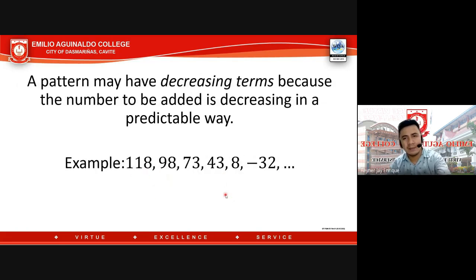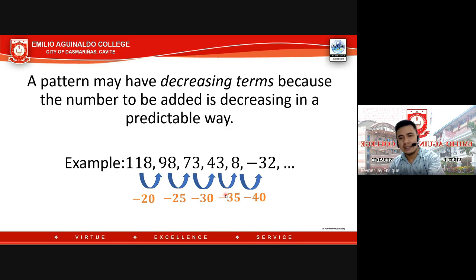Next, a pattern may be decreasing naman, because the number to be added is changing in a predictable way. So pwede din naman daw siyang decreasing. We can predict the next term after 32. Maybe we just have to add negative 45, so it will become negative 77. And just for example, let's look at the term before 118.